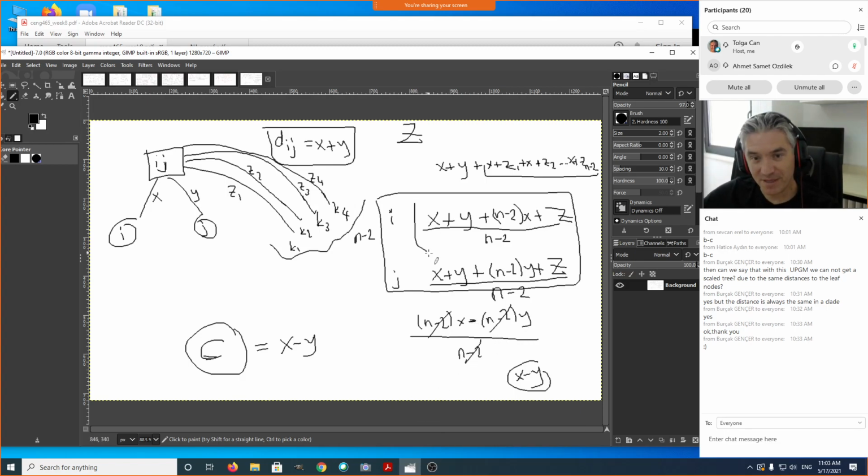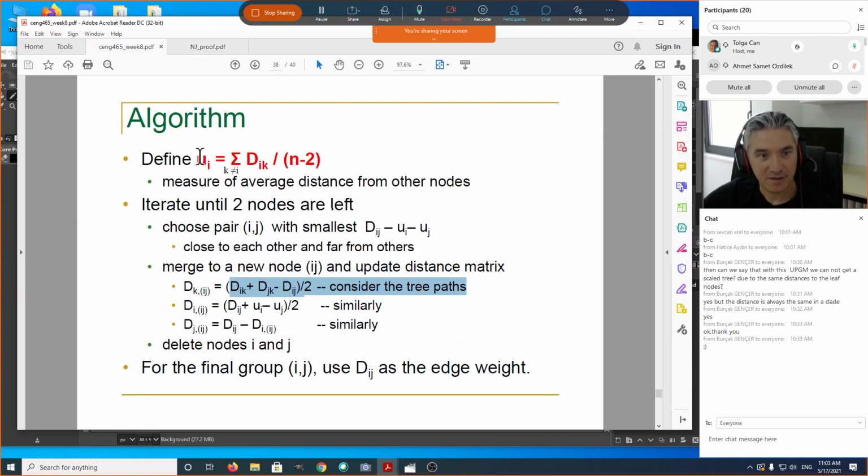And this formula that you see here is the first thing that neighbor joining does in the first top of the slide. Look at this: define u_i as the distance of i to the remaining nodes divided by n minus 2. Since you know now the derivation, this n minus 2 is no longer a mystery.